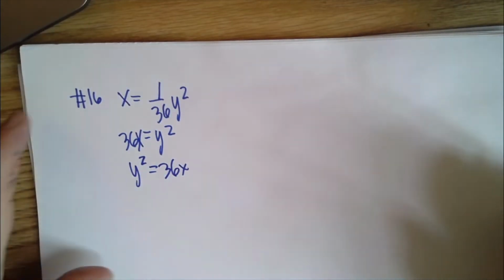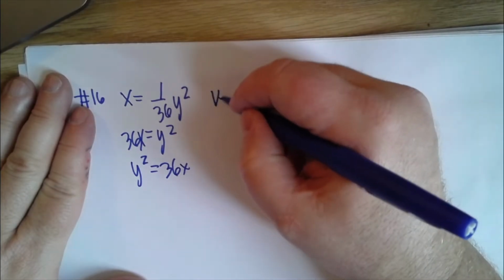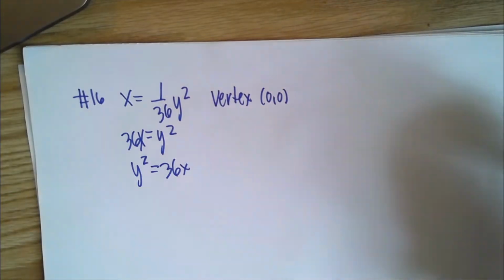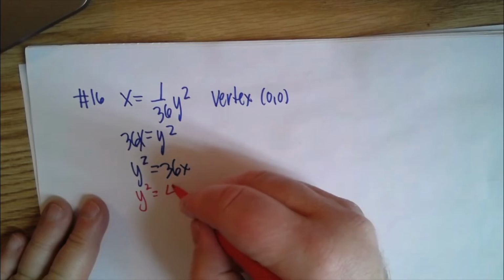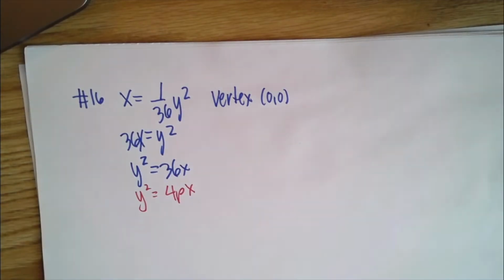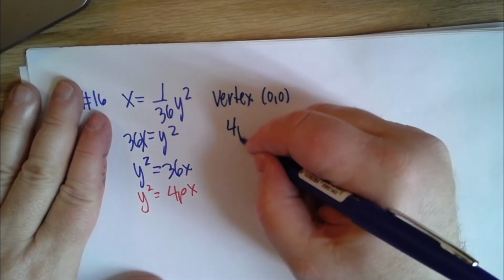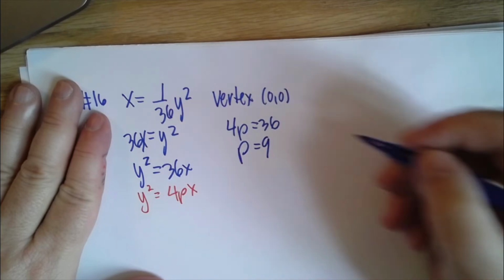Now since we're not subtracting anything from x or y, we know that our vertex is 0, 0. And since we have the form here, 4p is the coefficient of x, I know that 4p has to be equal to 36. So that means p is equal to 9.